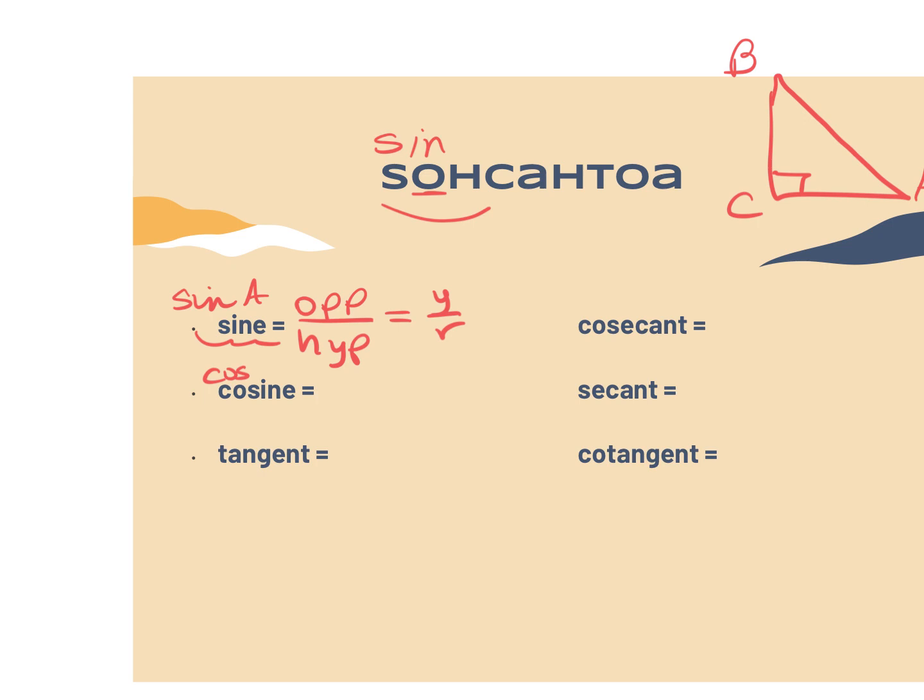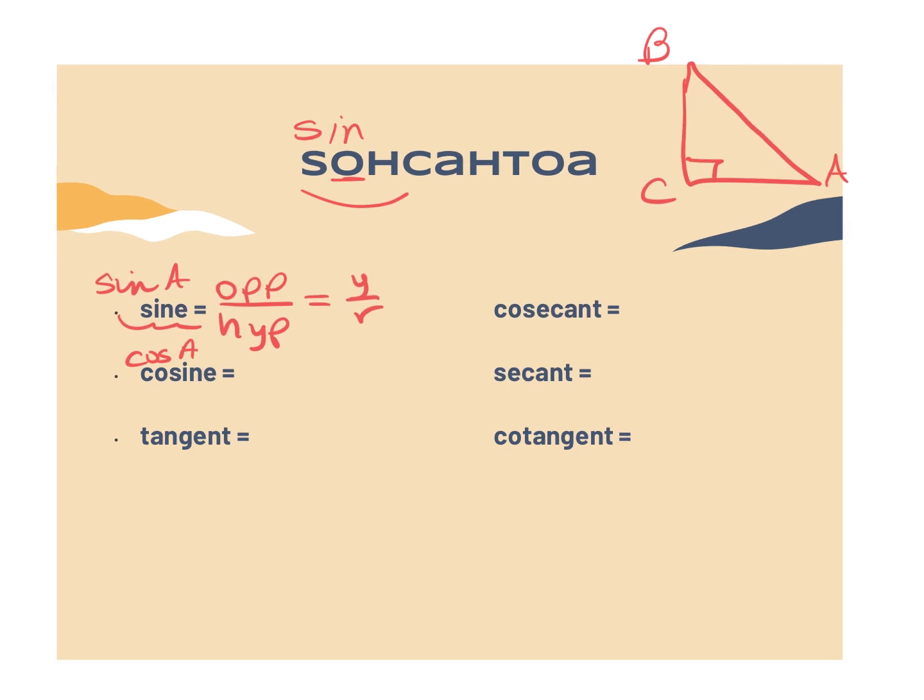Cosine, COS. So if I wanted to do it based off the acute angle A, when I go to label my sides in relation to A, this side is opposite, this side is the hypotenuse, and this side is the adjacent.